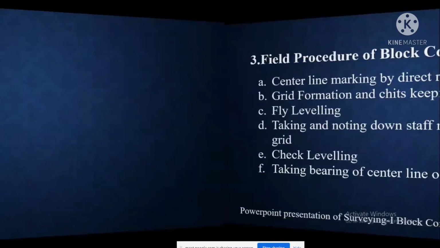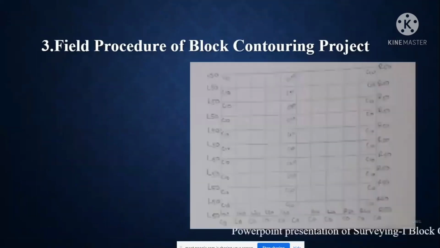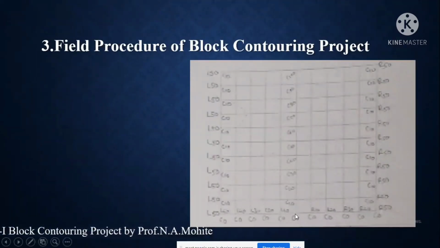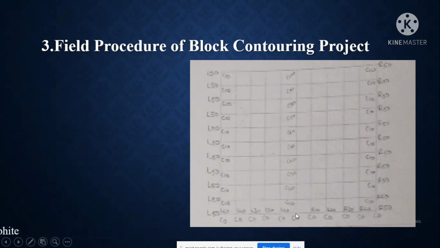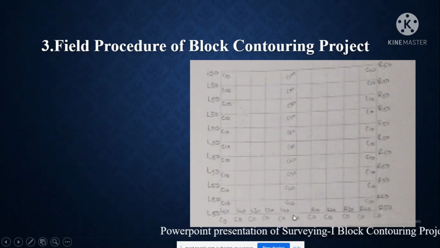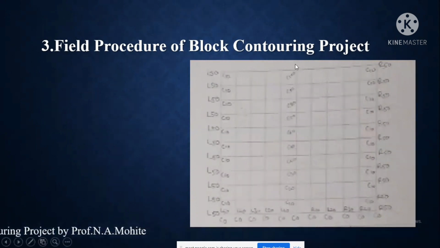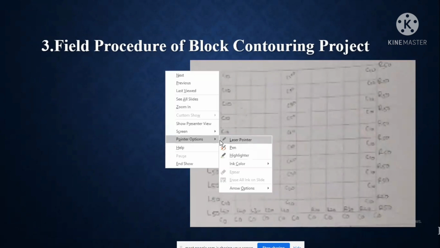So we'll see the field procedure one by one. When we visit the site, a person will be standing at the C0 position, and here the ranging rod will be placed and a chit named C0 will be placed, and at a random far distance apart, the second ranging rod will be kept.